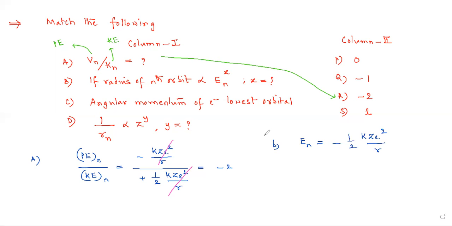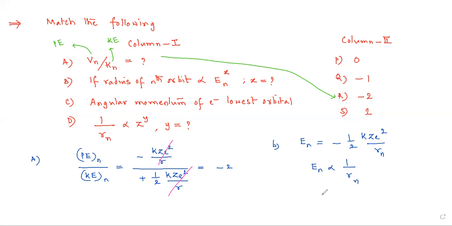Energy of electron in nth orbit is inversely proportional to r, I mean, radius of nth orbit. Look at this. En is inversely proportional to Rn.